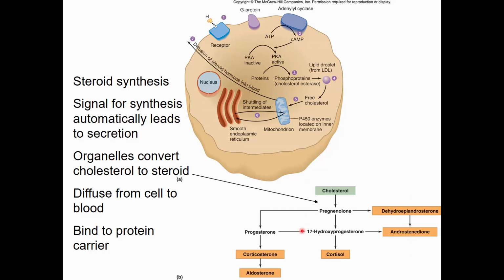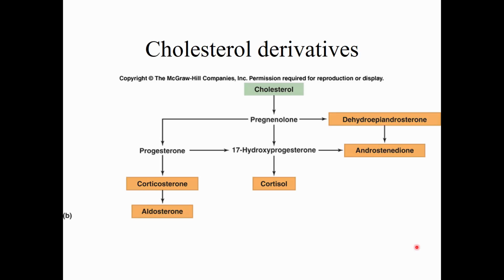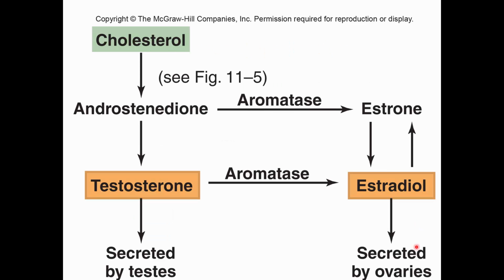So they share biosynthesis pathways. So cholesterol can be converted into this androgen precursor and acted upon by aromatase and turned into estrone, and then estrone can be turned into estradiol. Or the male steroid can be turned into testosterone, which can be acted upon by aromatase and then can get converted into estradiol.